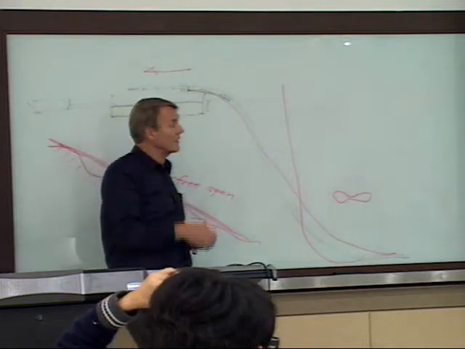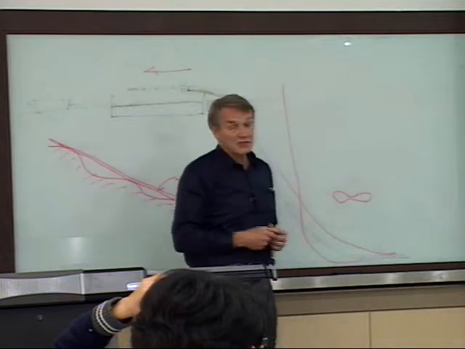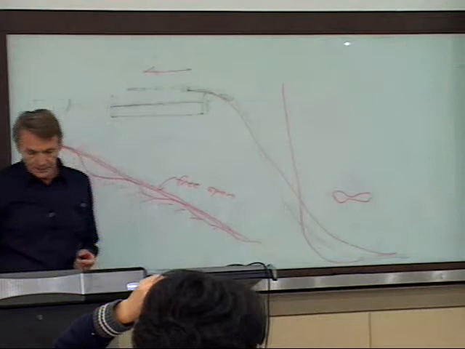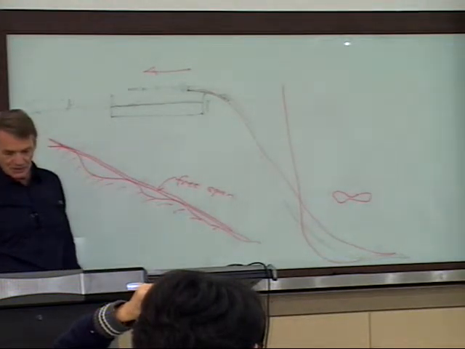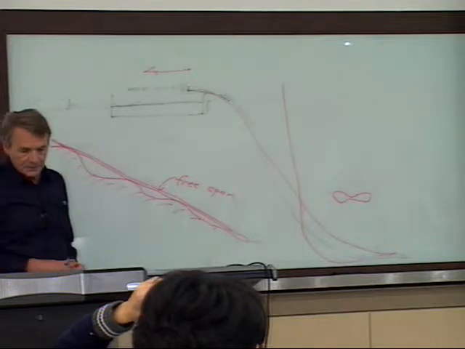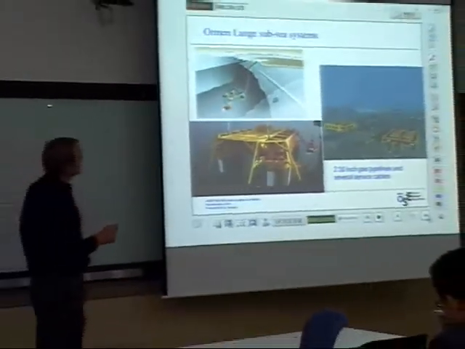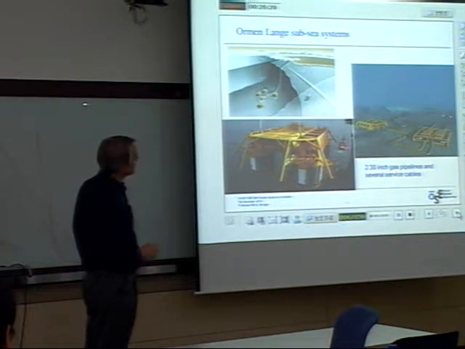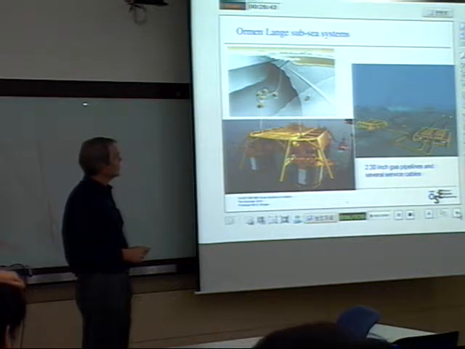Two of them. And then, of course, there are also cables with electricity and remote control systems and so on. So there are many connections between the subsea field and land. So you see the gas goes to land, processed, sent to England. Two 30-inch pipelines.